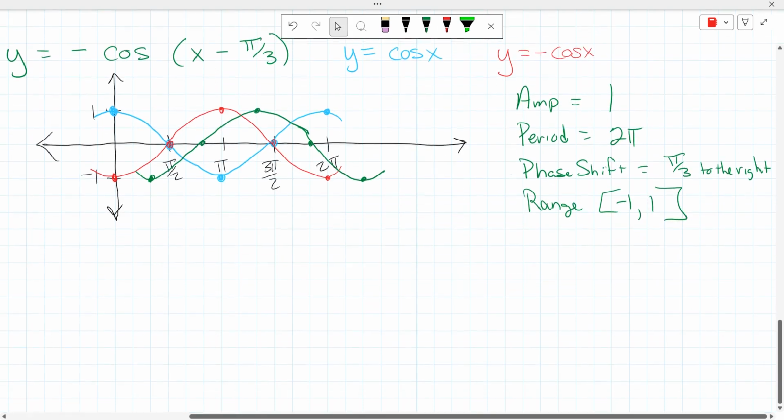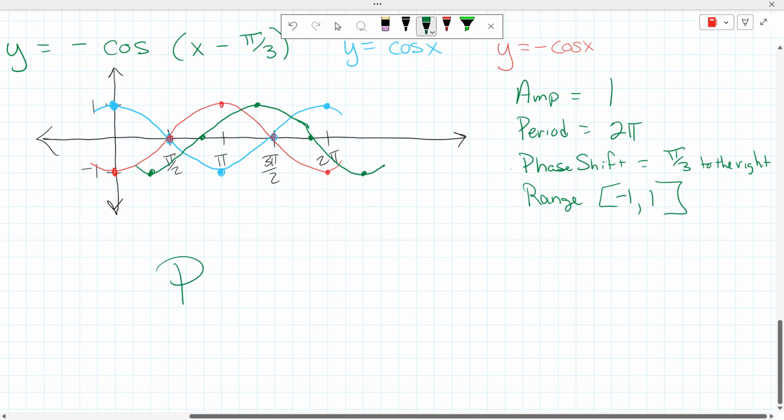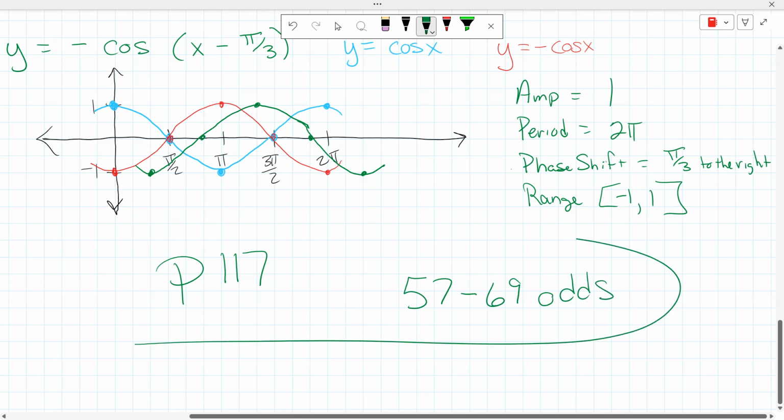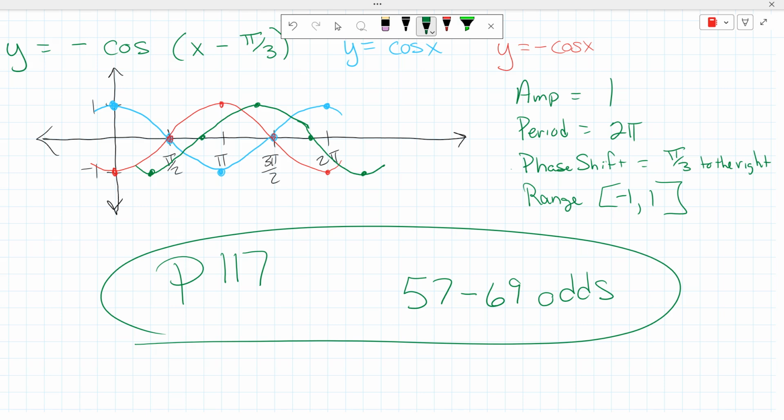Your problems will appear on page number 117. We're going to do 57 through 69, the odds. And then when we come back next Tuesday, we're going to spend one more lesson on this section.